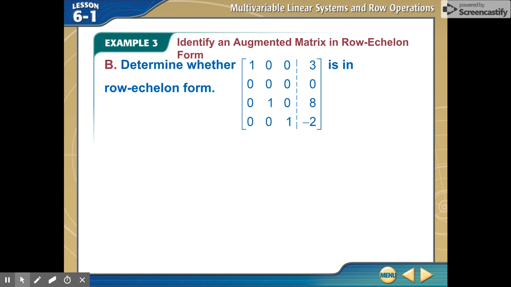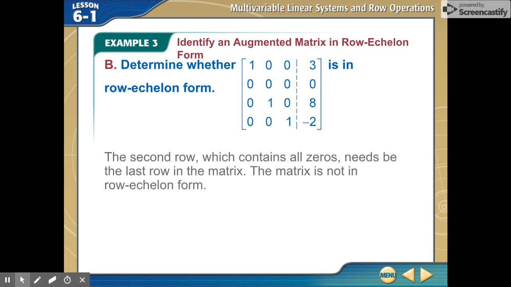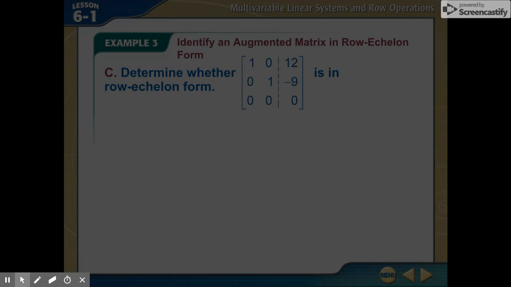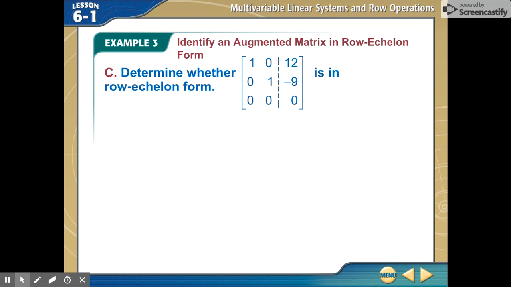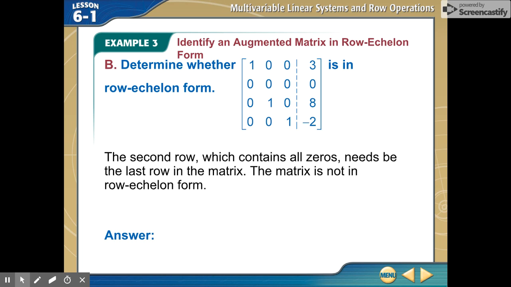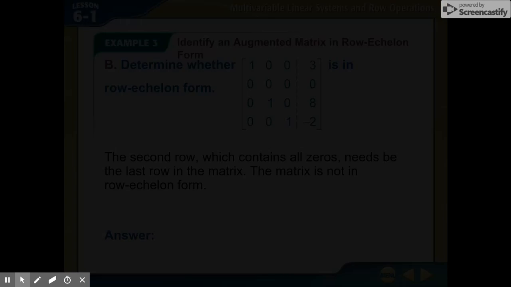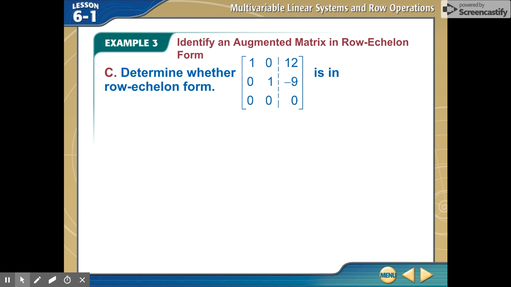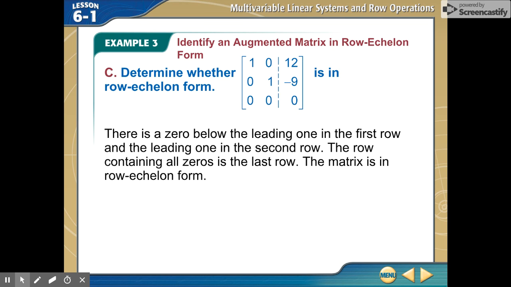Here's another one to check. We can notice that this row of zeros is up here at the top, so this is not in row echelon form. Again, going back to those values, in R1 here we have a leading 1, and then our zeros are at the end. So this one is in row echelon form.